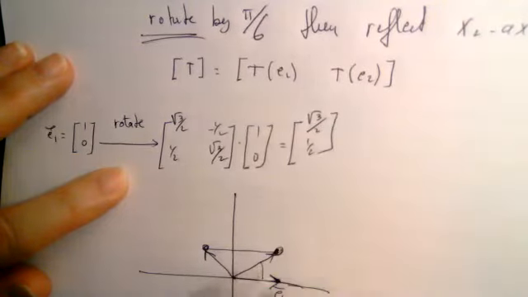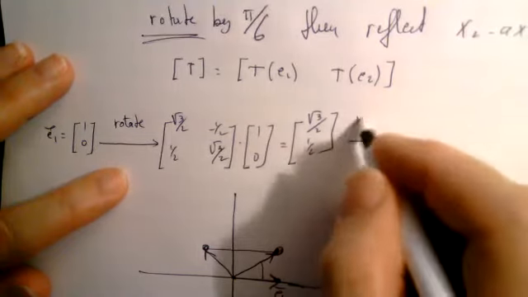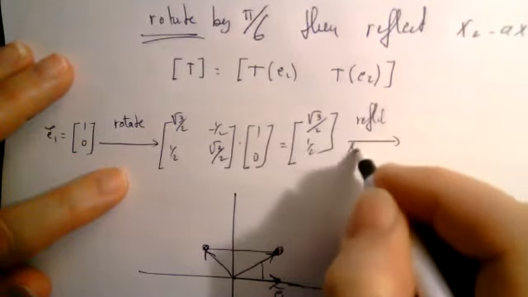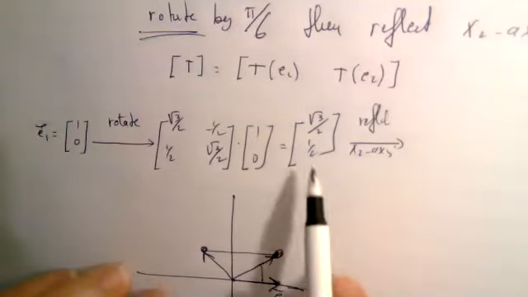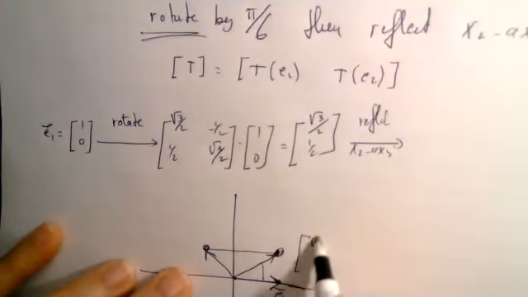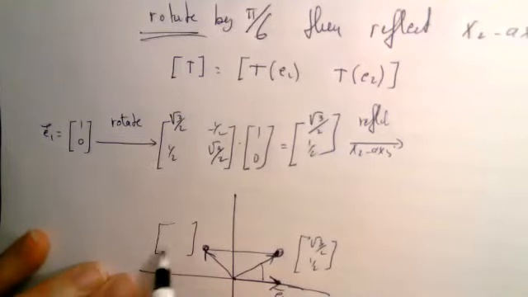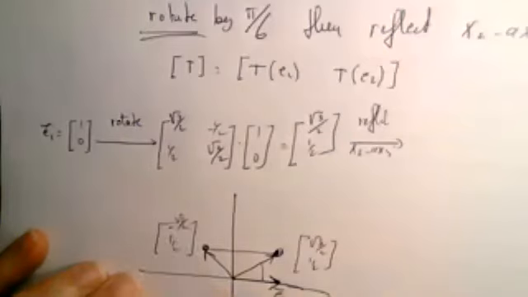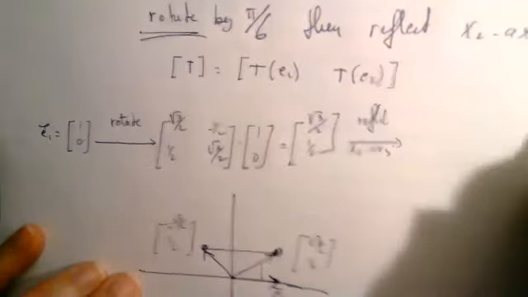I am at this stage of the picture, and it's this one that you reflect across the x2 axis. Now, this is an easy problem. You reflect it, and of course the y component remains the same, and the x component is negative. So we know exactly what is going to happen to it.